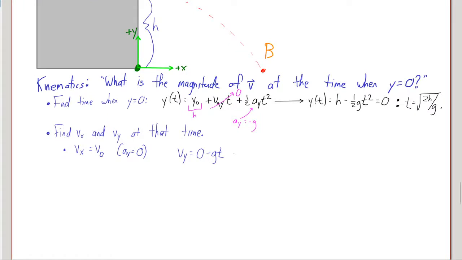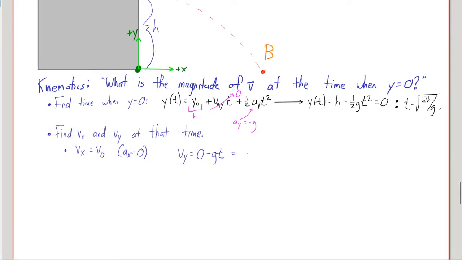If I plug that in, this gives me minus g times square root 2h over g, which is minus square root 2gh.